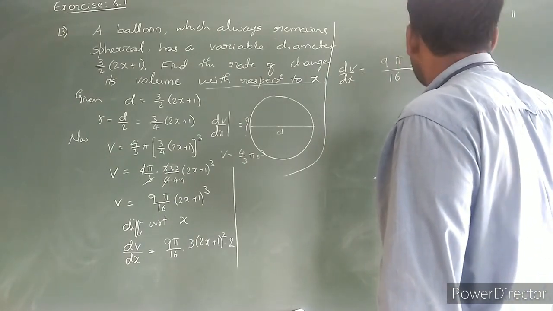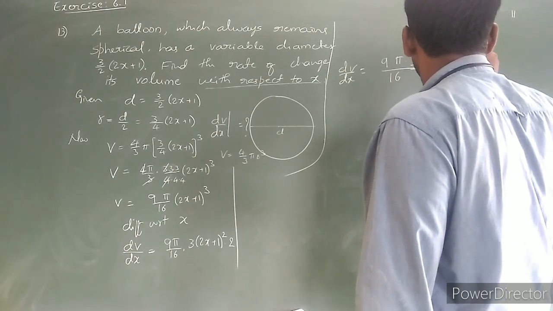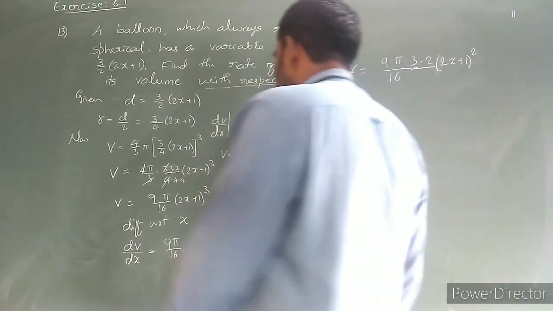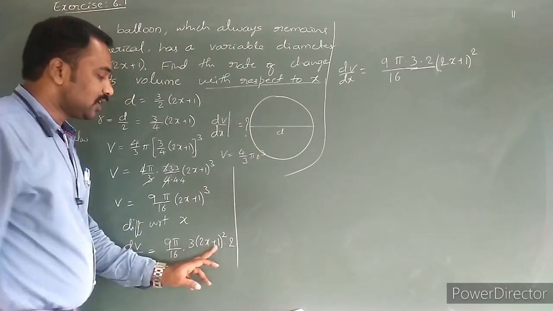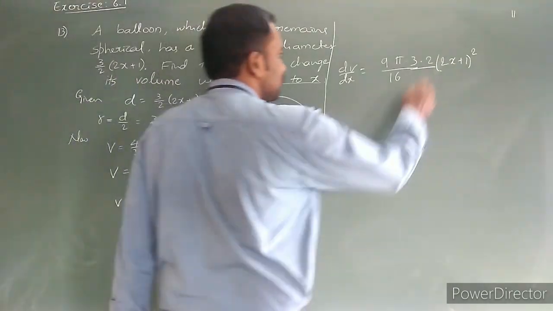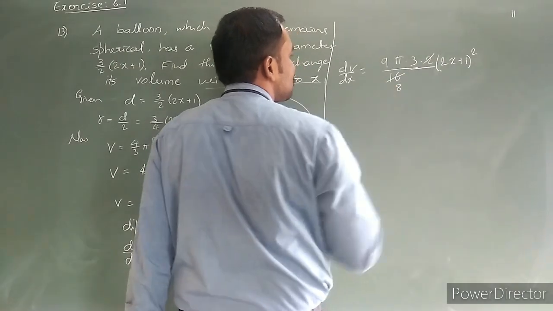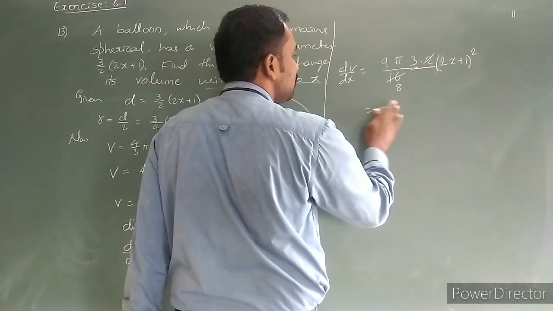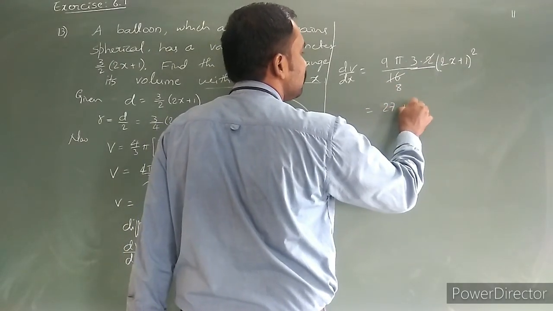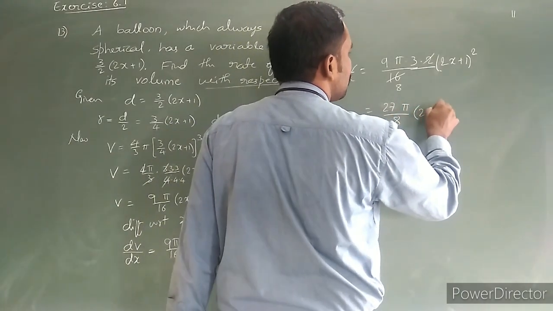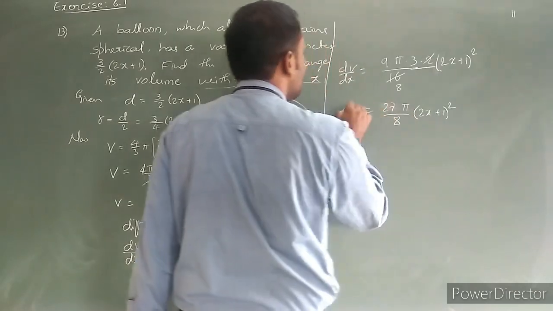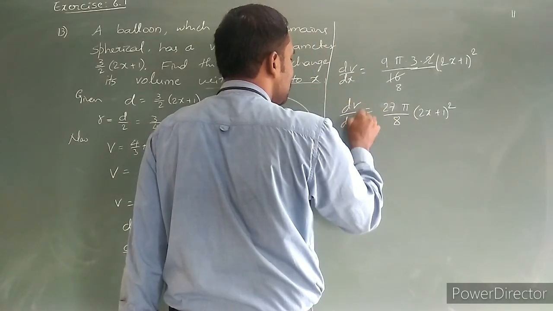Into (2x plus 1) whole square. So 9 pi by 16 into 3 into 2 and (2x plus 1) whole square. Now we can cancel. 2 ones are 2, 2 8s are 16. So 9 3s are 27 pi divided by 8 into (2x plus 1) whole square. This is the dv by dx.